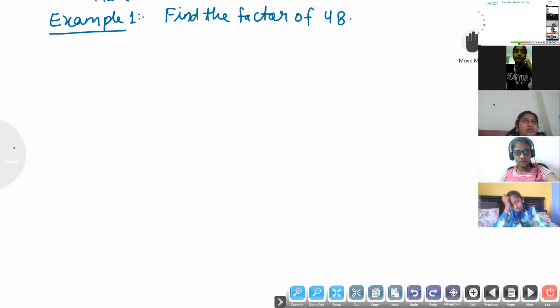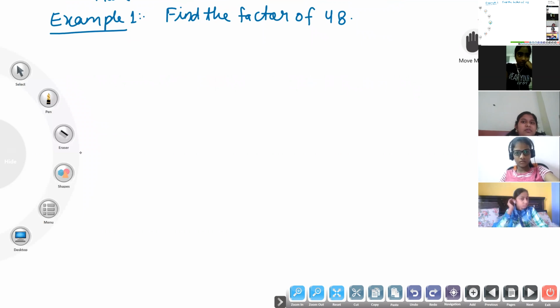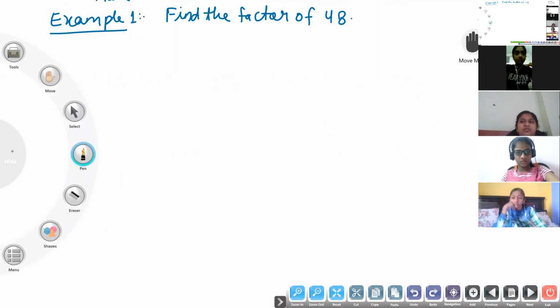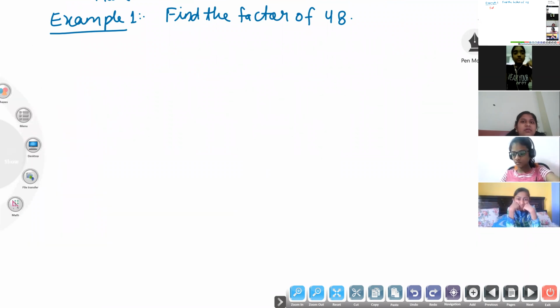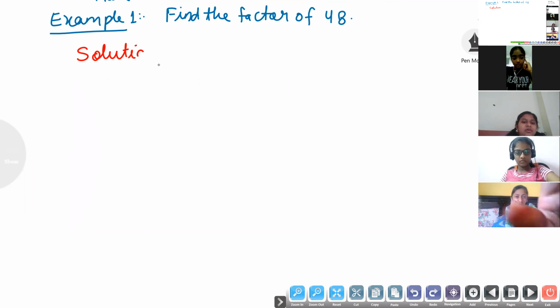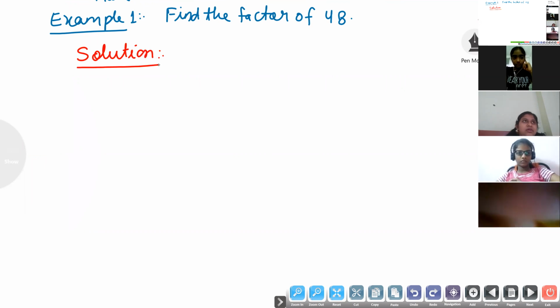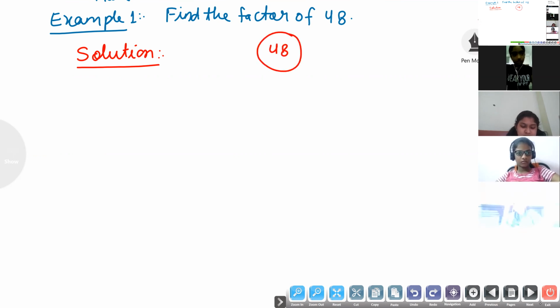I want to find out the factors of 48. How to find? The number is 48. Again, 48, I want to divide by the least number. The least number is what? 2.